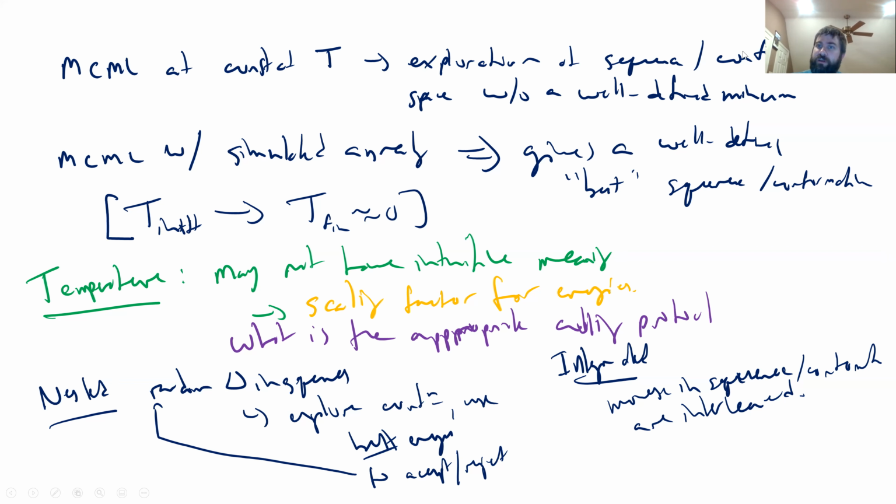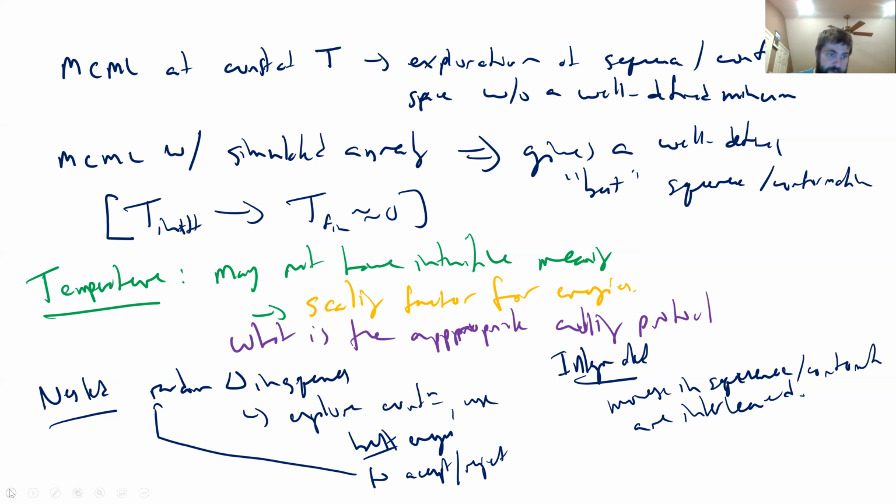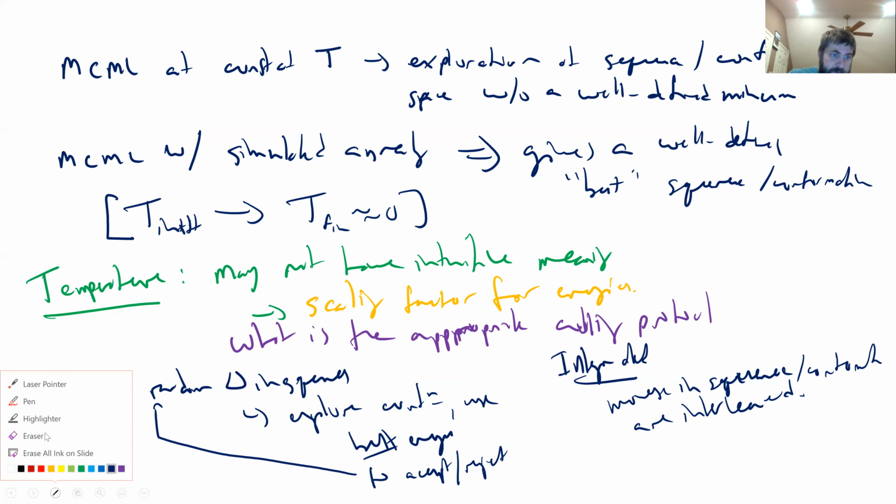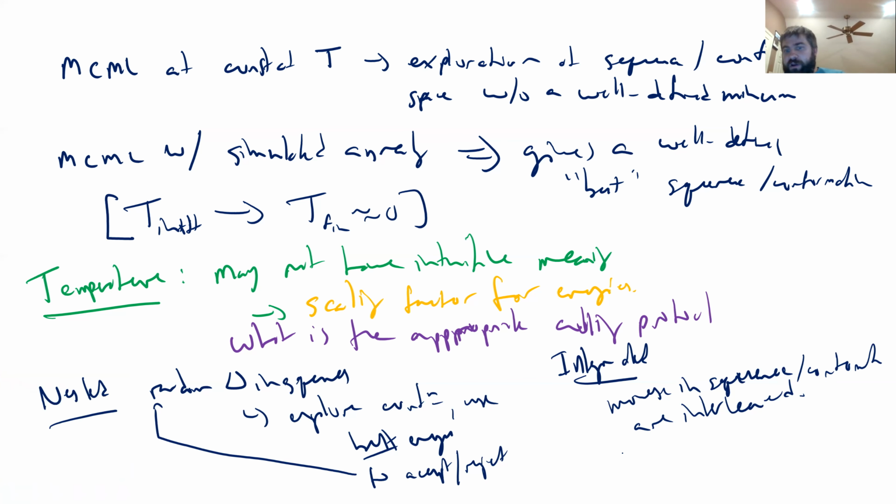Monte Carlo exploration of protein sequence is one of the key algorithms underlying the Rosetta protein design software package, which has successfully been used to design all sorts of different proteins, and is quite a powerful package.